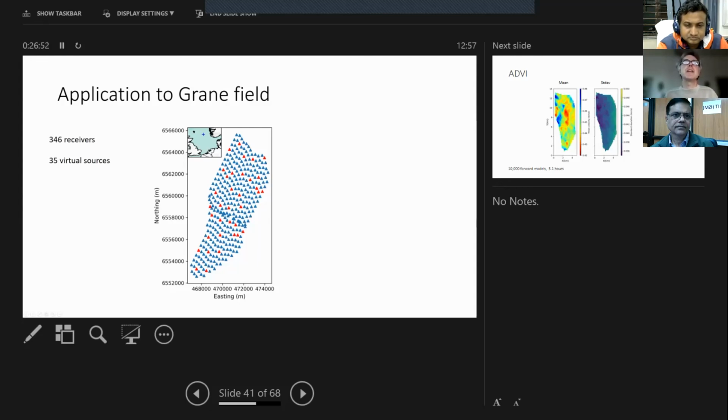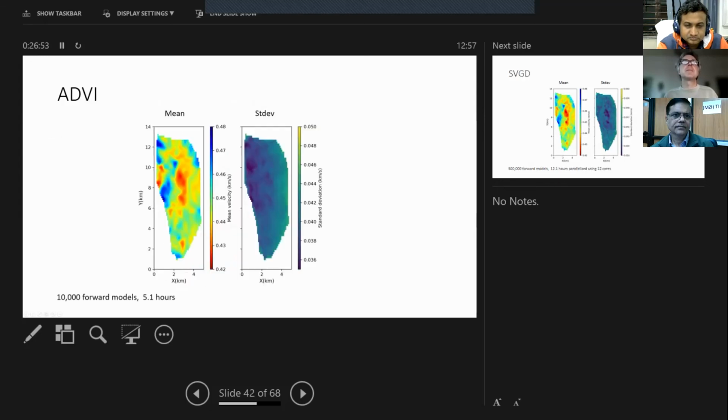We used ADVI, and here is the result. That's the mean model that we got, and the standard deviation on the right. The mean structure has this intriguing low velocity structure in the middle, a high velocity one and a low velocity one over there. At this point, we don't know whether this is the right solution, so we solve it again with a completely different method, SVGD, and we get this result.